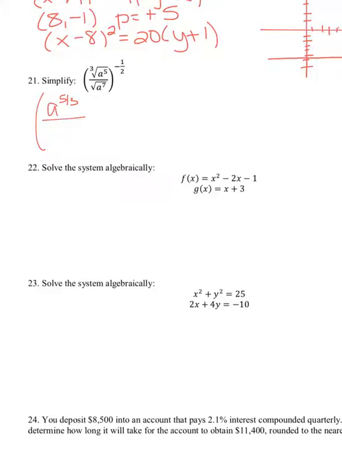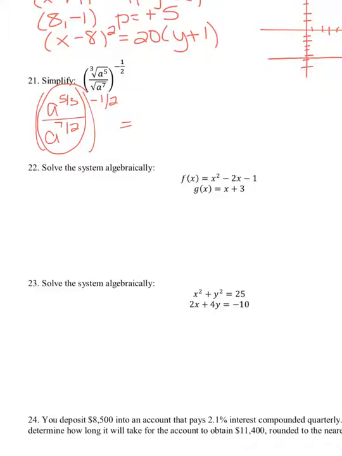And then the square root of a to the 7th is a to the 7/2 power, raised to the negative 1/2. These in here are both a's. They have the same base. So to make them one thing, you would do division. And the way that you divide variables is by subtracting the exponents.